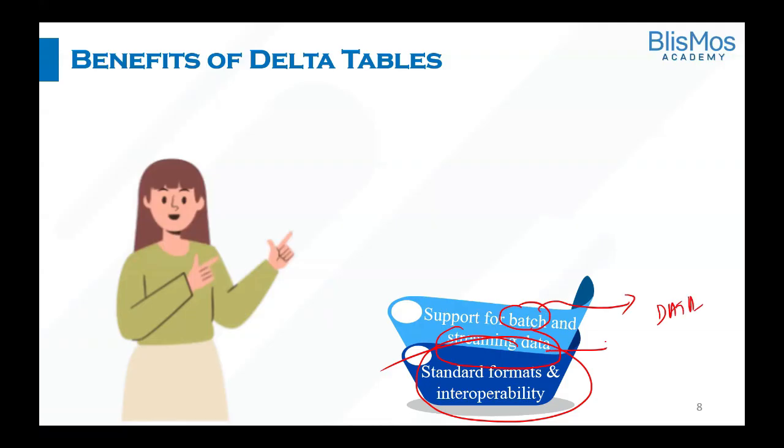Streaming means live data, which is coming as and when, like you are streaming a movie on Netflix. And also data versioning and time travel. Data versioning, all of you know, we can store the data based on the version, like this version, that version. Time travel means we can go back in time whenever you want and see what are the changes which are made. That is time travel with respect to the data here.